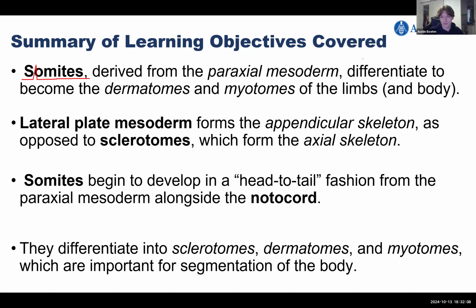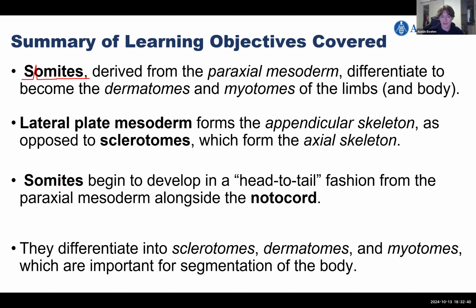Those are going to become the dermatomes and myotomes of the limbs and the body. The lateral plate mesoderm is for the appendicular skeleton, your arms and legs, anything that is not central on your core. So not your ribs, not your spinal vertebrae. Those come from the sclerotomes, which are still located close to and coming out from the paraxial mesoderm in somites.